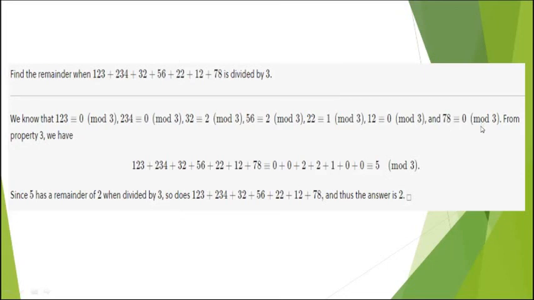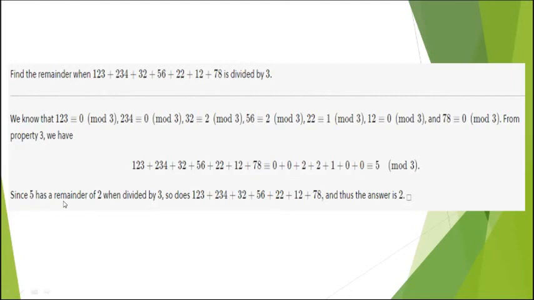Mod 3. From property 3, we have 123 plus 234 plus 32 plus 56 plus 22 plus 12 plus 78. The remainders we have are 0, 0, 2, 2, 1, 0, 0. If we're going to sum it up, we have now a total of 5 mod 3.